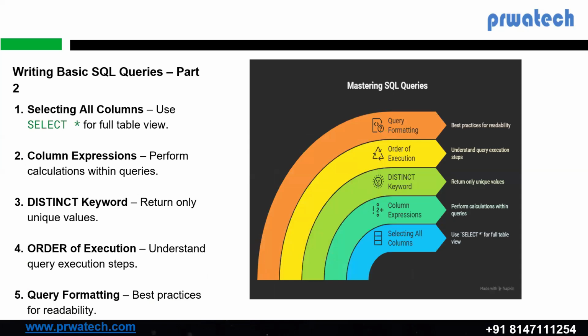Okay, write basic SQL query part 2. If you want to select the entire column, then we will be using select star. Star indicates all the columns. Column expression performs calculations within a query. Also the distinct keyword: if you want to get unique content, then you can use it.